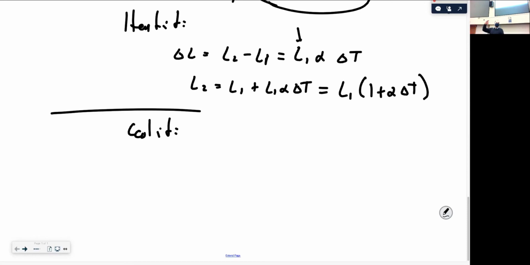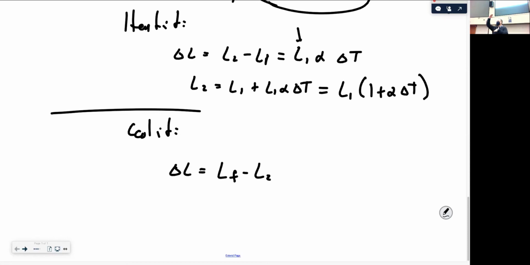Again, we're starting this problem again. My initial length now is my longer length, and we're going to cool it back to the original point. Let's see what happens. Delta L now equals, sorry, not delta, equals the final length, LF, minus the L2 length, right?